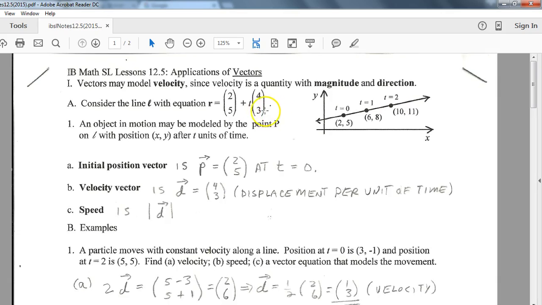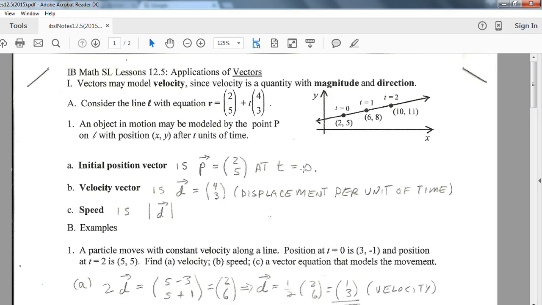So keep in mind that this is just the basic y equals mx plus b concept, where this is a position or a point, and this is where you move from there per unit of time. That's a big concept, per unit of time, so that we can make t equal our units of time. You'll see that come up down here in number 1, where we make sure this is in units per time. The initial position of that equation was at 2, 5, where time is 0.